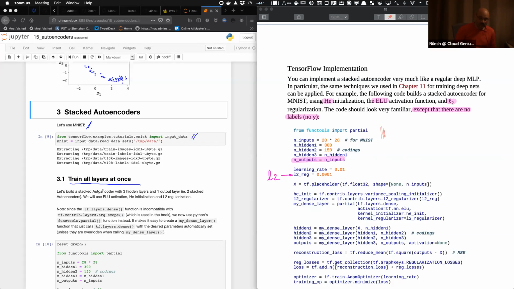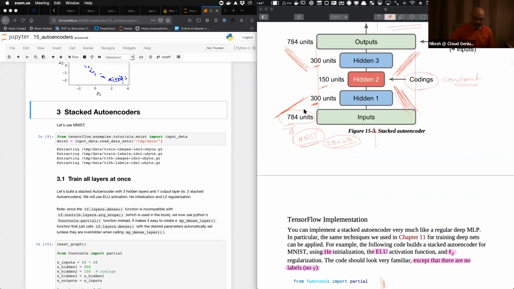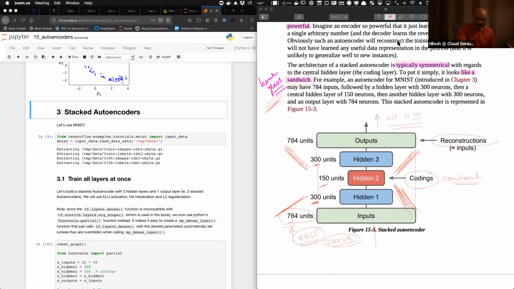A couple of things to observe here. There are some choices made here that we have to understand. The choices are: there are 3 hidden layers and 1 output layer, and that means the picture will look like this. There are 3 hidden layers, meaning 1, 2, and 3, then 1 output layer, which is this out, H3, H2, H1, and then the input layer.